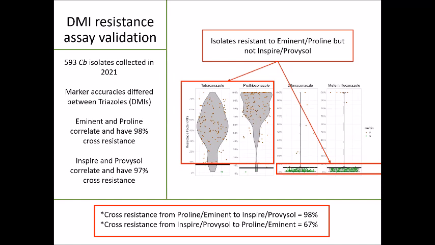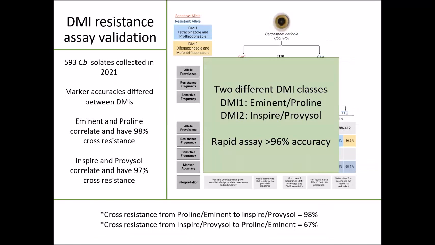So what this tells us in a roundabout way is that we have two different DMI classes here, Eminent and Proline, Inspire and Probosol, and our rapid assay is 96% accurate at distinguishing between resistance to both and sensitivity to both. So we can very quickly make a call based on submitted samples on whether or not it would be resistant here and sensitive here, or resistant to both.